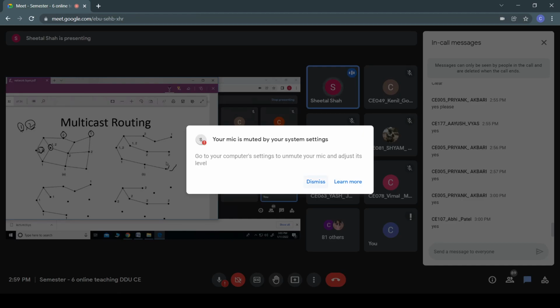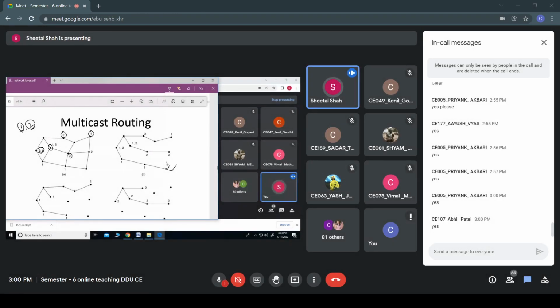Like, suppose this router is already a part of group 2, but some process is there, and now it has to be a part of group 1 also. So all these updates to add routers into a group or to remove routers from a group should be managed. Okay, but at present we are only concerned with routing within the group.